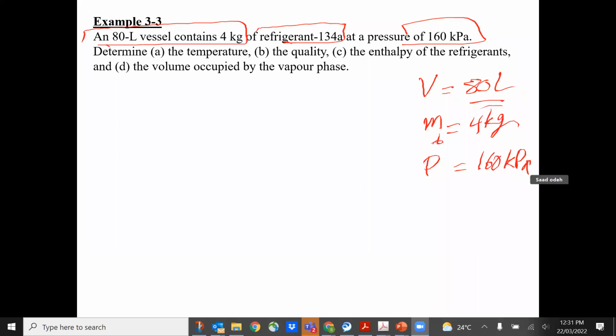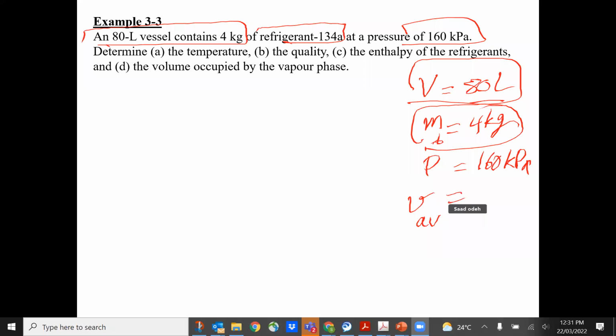So what you can do here, because you don't have any indication about whether it's two-phase or single-phase, is find V average. How to find V average? If you have the mass and you have the volume, V is cubic meter per kilogram. So I divide the volume by the mass, I can get the average specific volume.